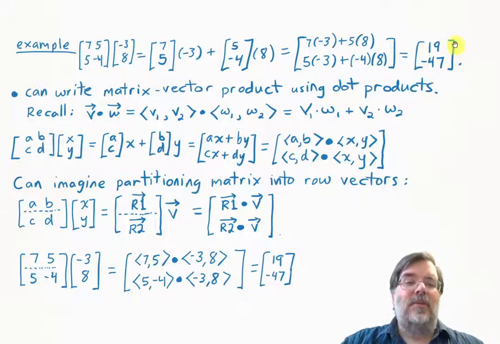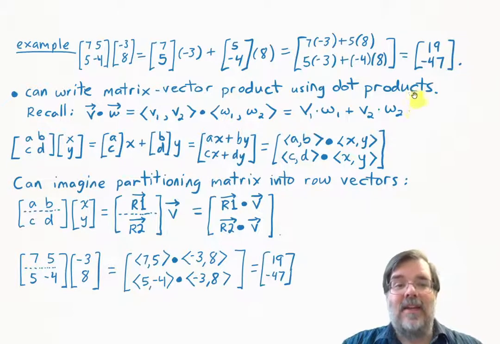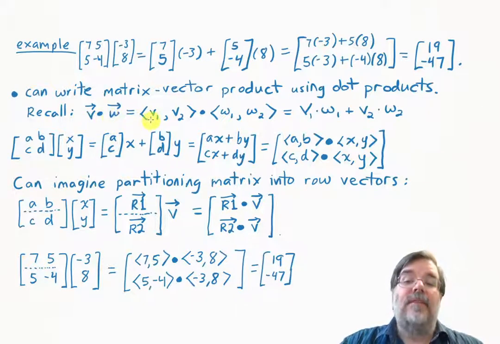Now, because we like to identify patterns in mathematics, because they help us remember things and draw connections, this pattern up here is reminiscent of the dot product. Remember the dot product of two vectors, say v and w, if v has entries v1, v2, and w has entries w1, w2, the dot product of those vectors is defined as v1 times w1 plus v2 times w2.